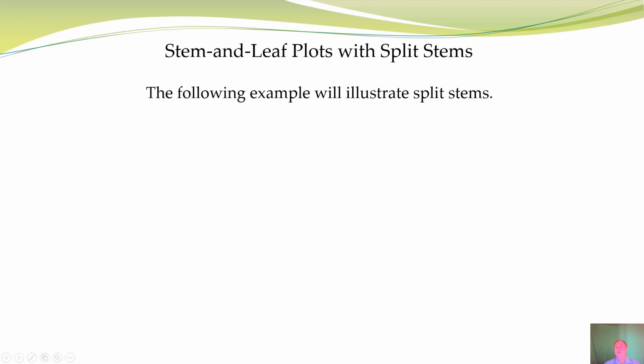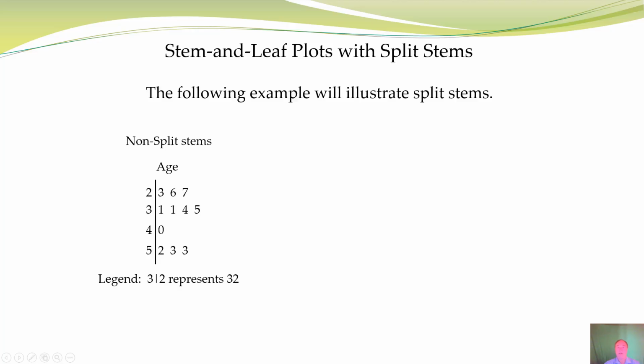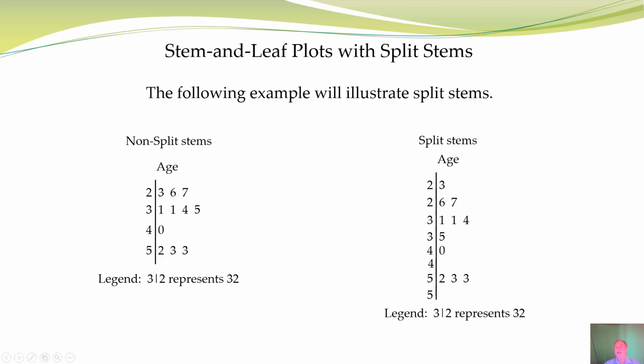Following example will illustrate split stems. Okay, if you had a non-split stem, which is what I just showed you, 2, 3, 4, 5. Now, a split stem takes every stem and splits it into 2. So instead of having just one 2, we have two 2s, two 3s, two 4s, two 5s. We split the stems. Why do we do this?